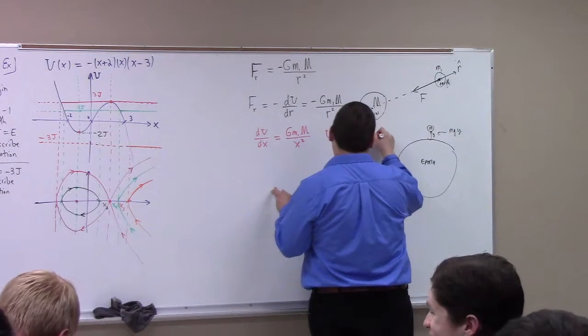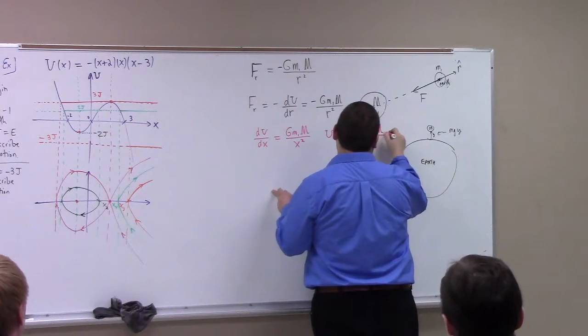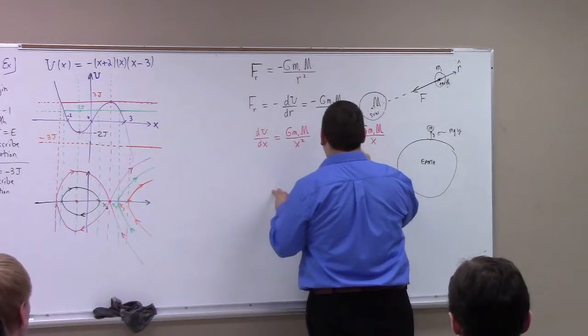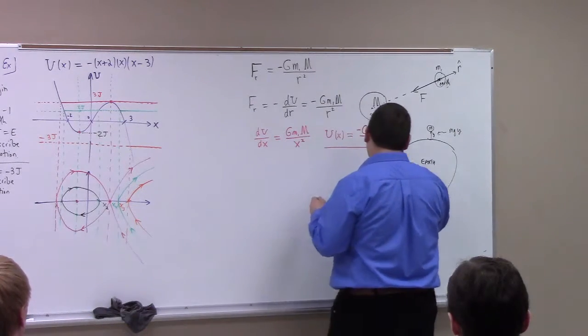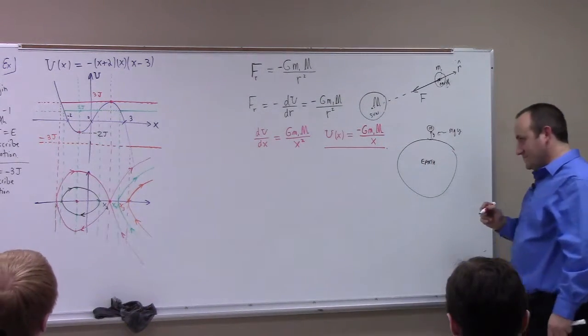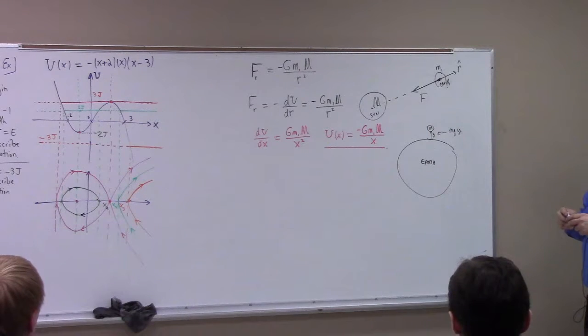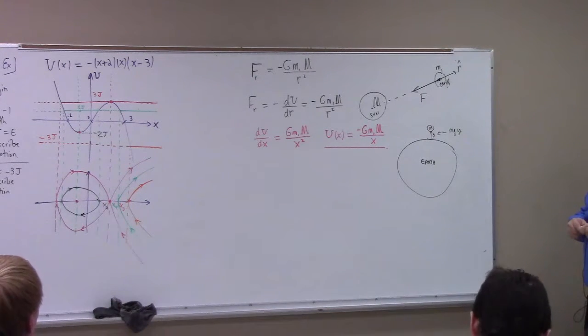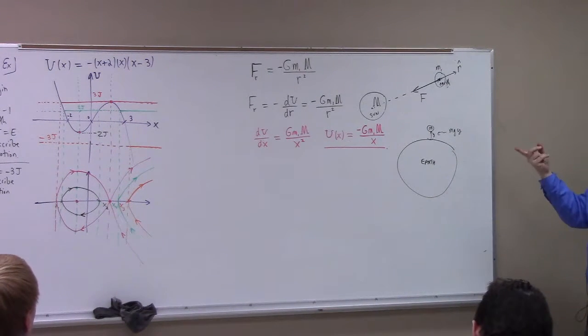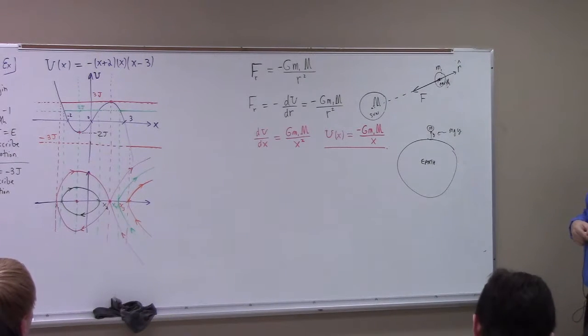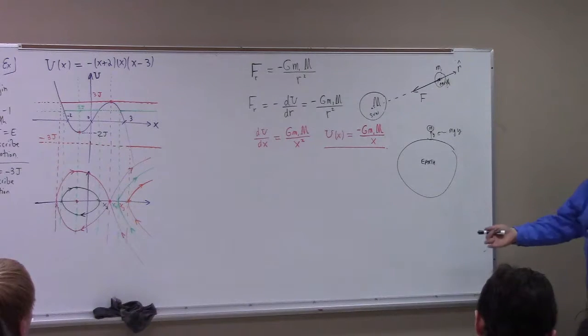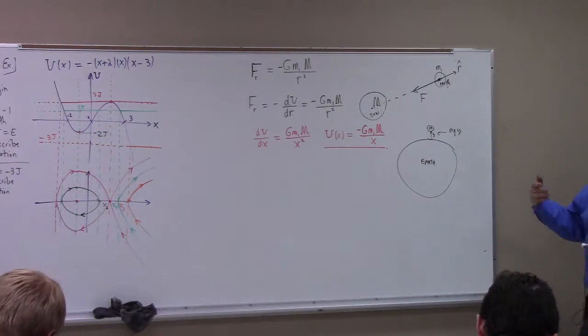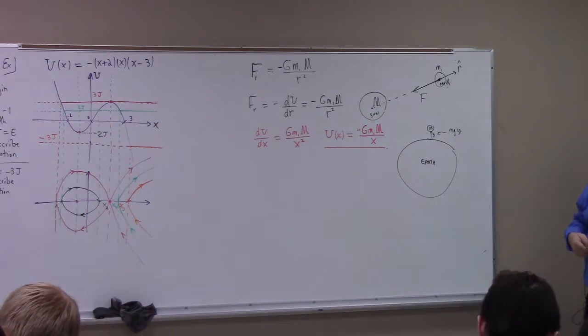Minus G m1 M. I'm just kidding, mostly. Agree? When you differentiate 1 over x, you get minus 1 over x squared, because the power drops by 1. Differentiation.